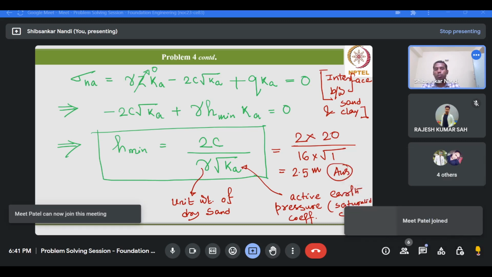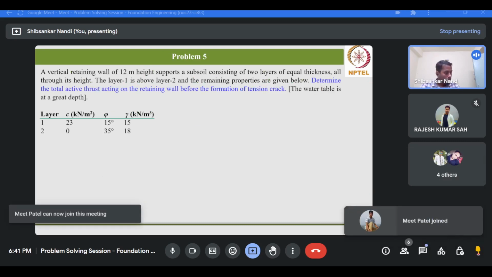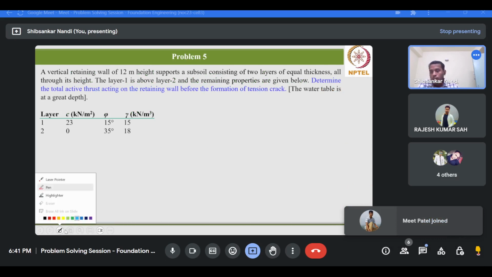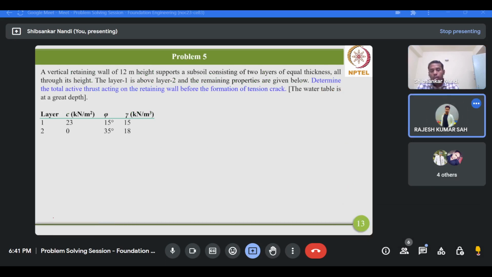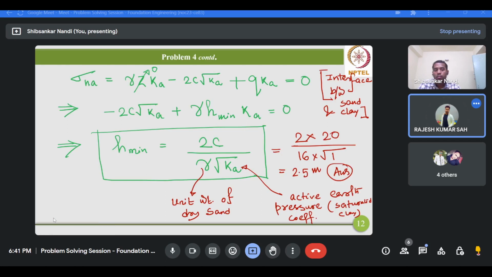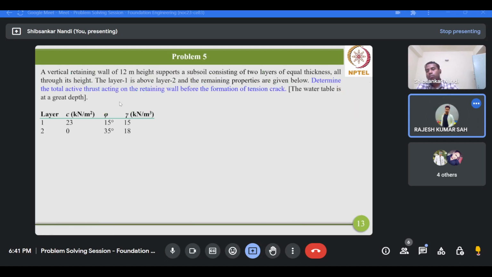Okay, if this is so, then I will take the next problem. Sir, for going to the next problem, I have one question. In problem 5, a vertical retaining wall of 12 meter height.